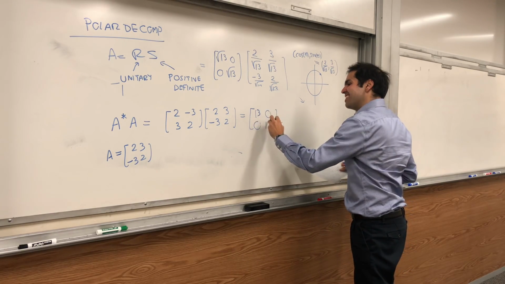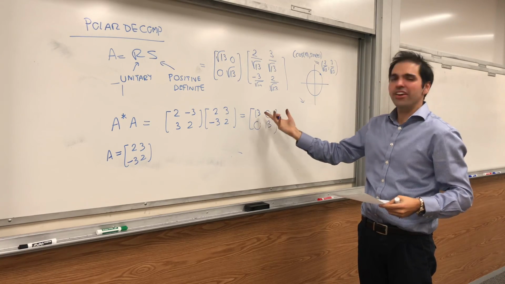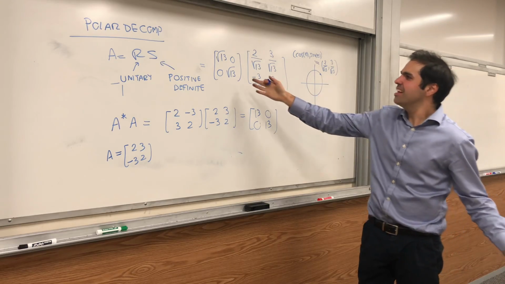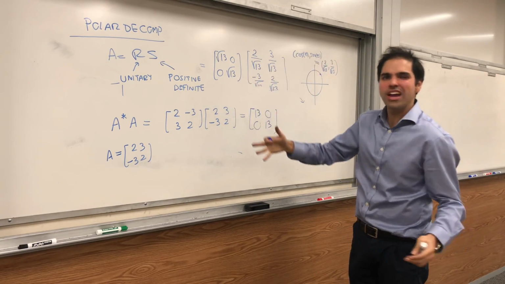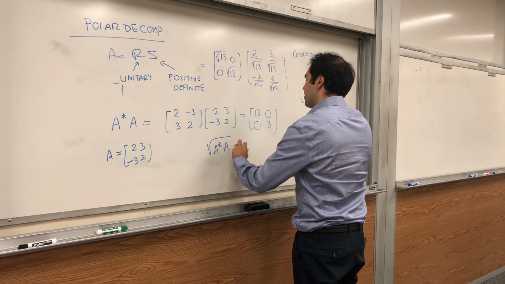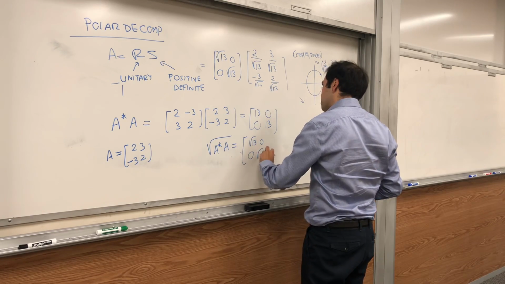How did we get this square root of 13? Here you have a diagonal matrix. In general, it might look like something else. But what you would do is take the square root of A star A. In this case, the square root of A star A is square root of 13, 0, 0, square root of 13.